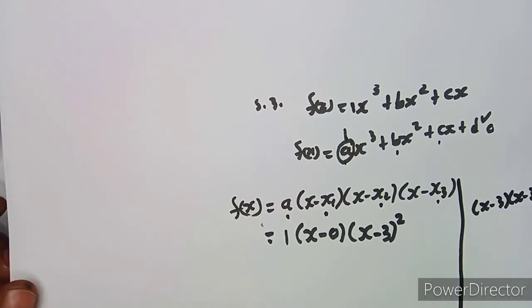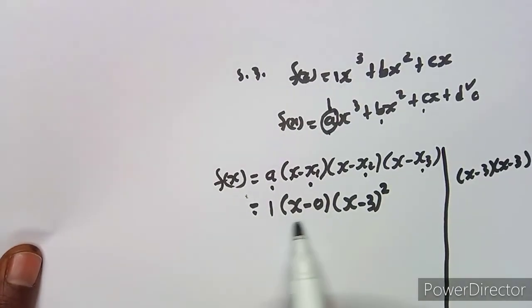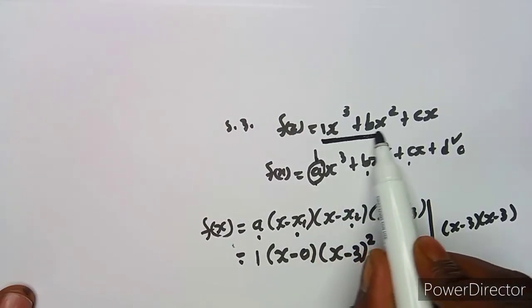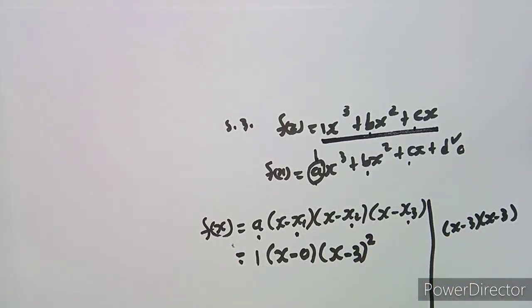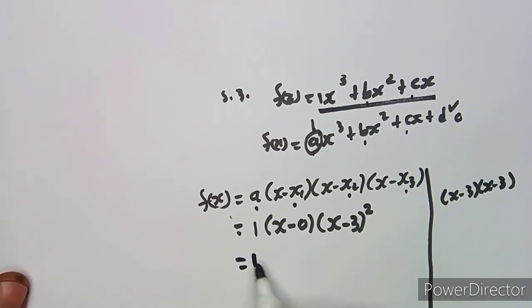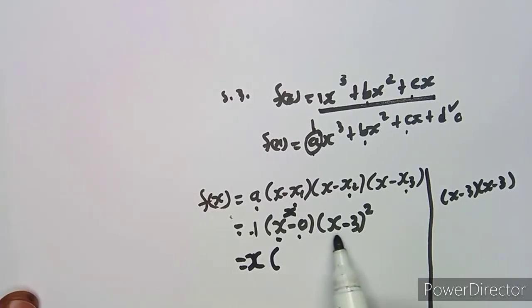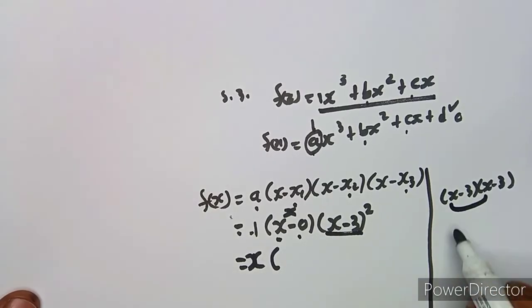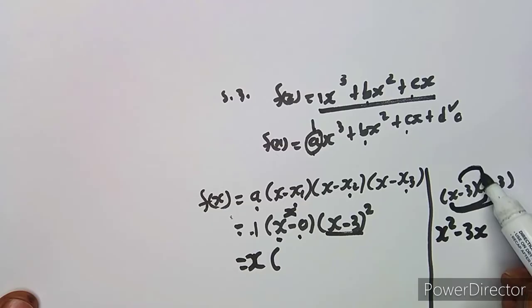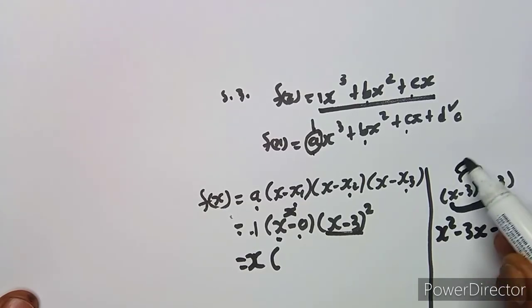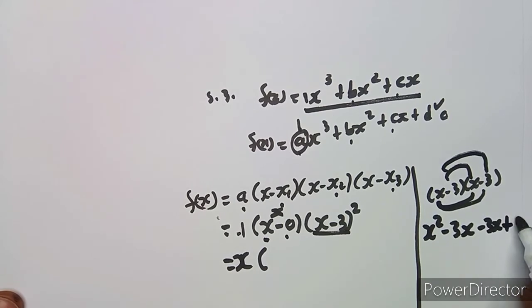All right, so now we want to expand, so that we can have our equation like this, so that we can state the value of b and the value of c. So we have to expand to that format. So let's just put our expansion, guys. 1, there's no need of us writing, but x minus 0 is x, so 1 times x is x into this bracket, so you can expand this: x and x is x squared, x and minus 3 is minus 3x, minus 3 times x is minus 3x, minus 3 times minus 3 is 9.